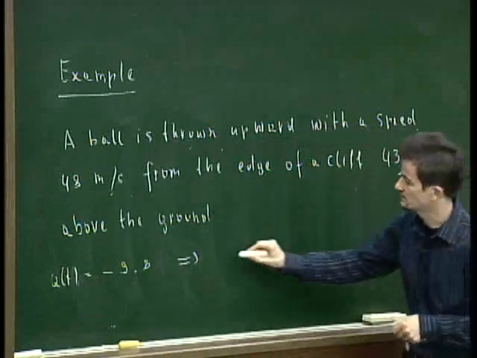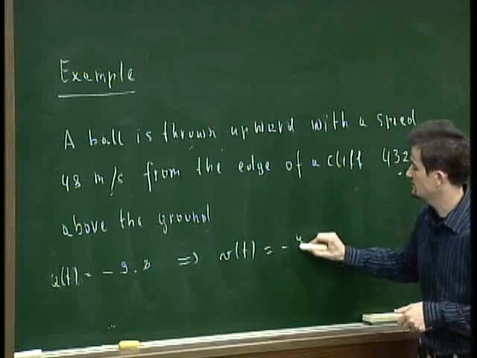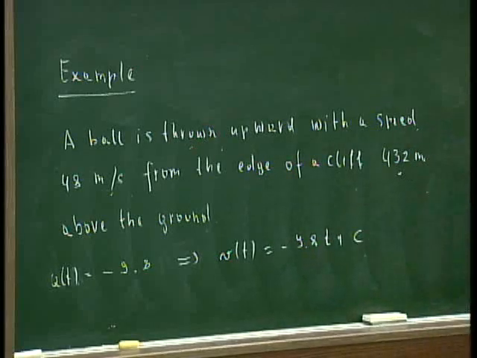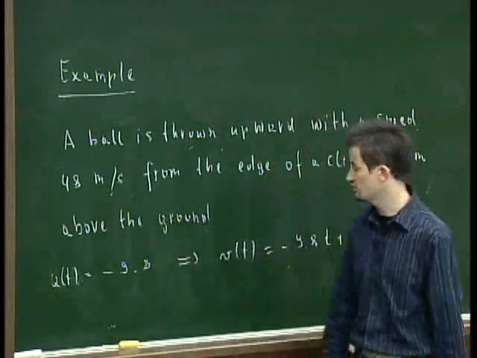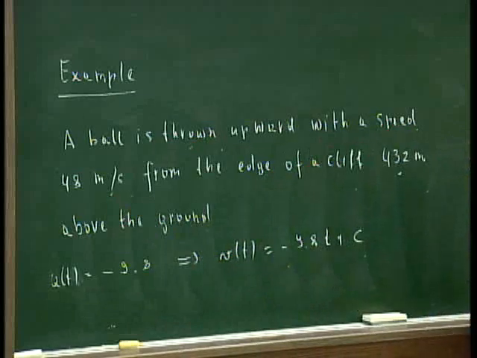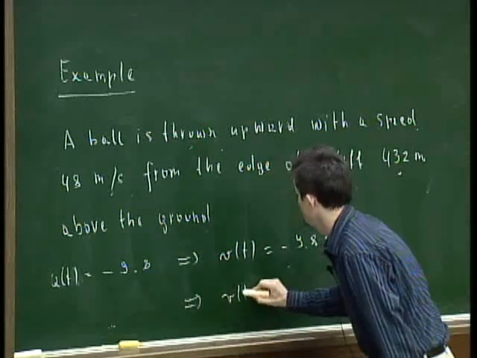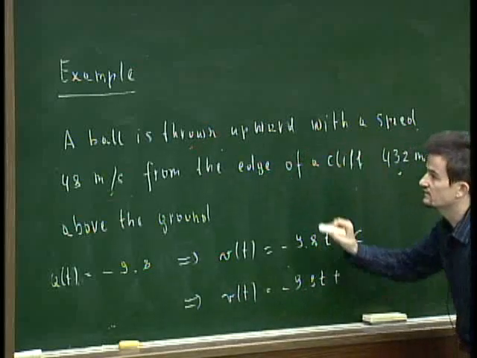Now we know that the velocity function is the antiderivative, which is easy to guess, plus a constant, and at time 0 this is the initial velocity, so this will determine the constant. So we see that v of t must be equal to minus 9.8 t plus 48.